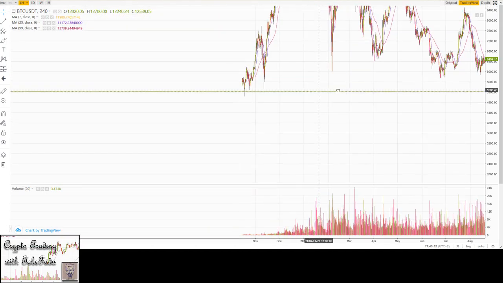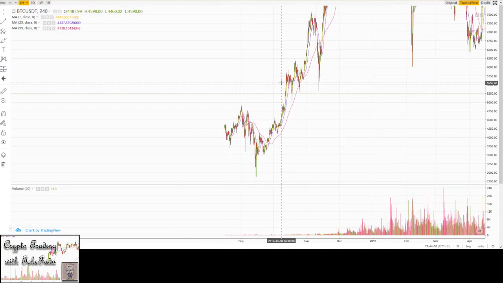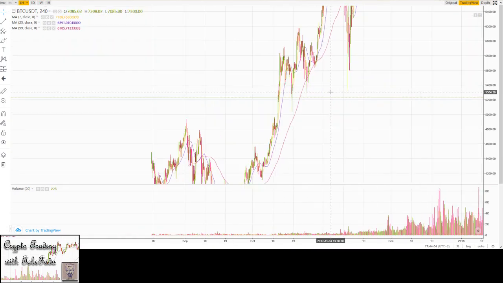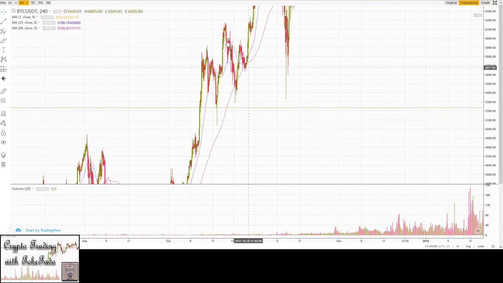especially at the time when Bitcoin was in a very bullish phase, and if we look at these individual waves here, you can see why I think this is going to be the case.